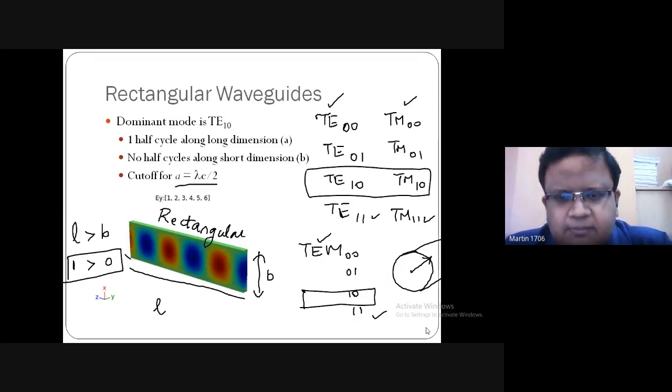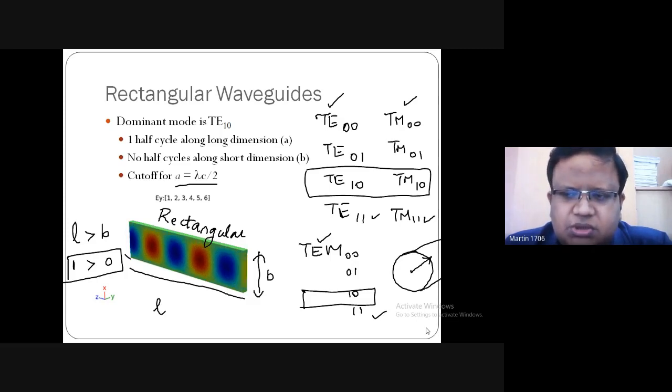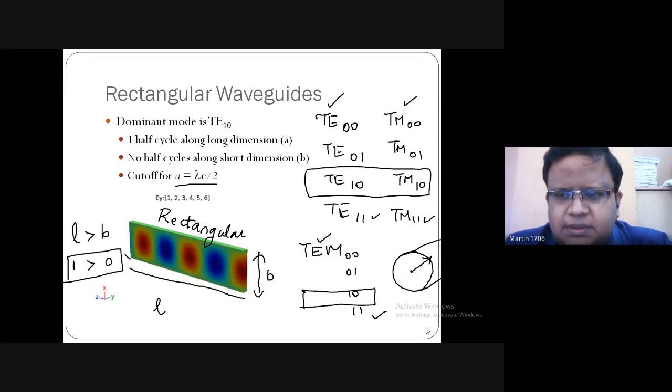Consider blue as the electric field and orange as the magnetic field. Both are transverse with each other. As I told, we will look at the dominant mode, because it has the lower cutoff frequency. In the case of transverse electric you can see TE10, transverse magnetic TM10, and transverse electromagnetic TEM10. These are the dominant modes.